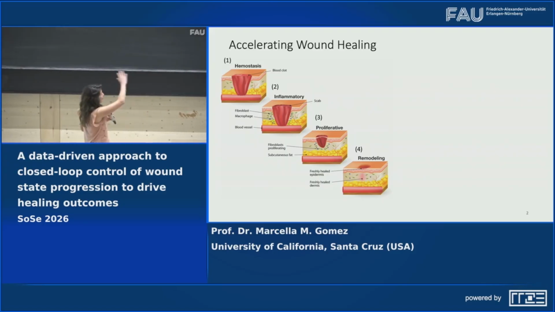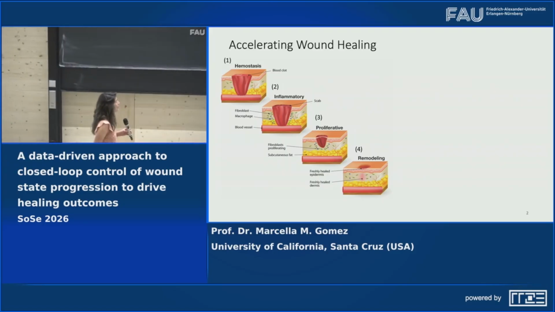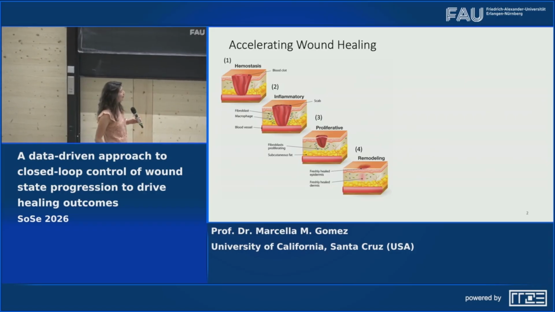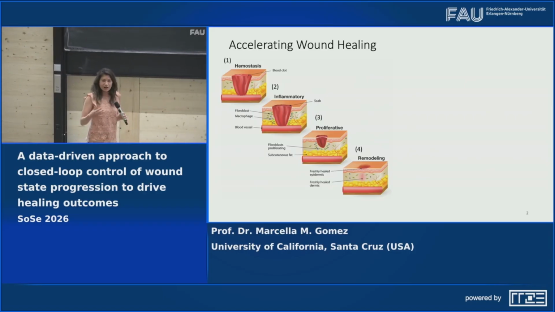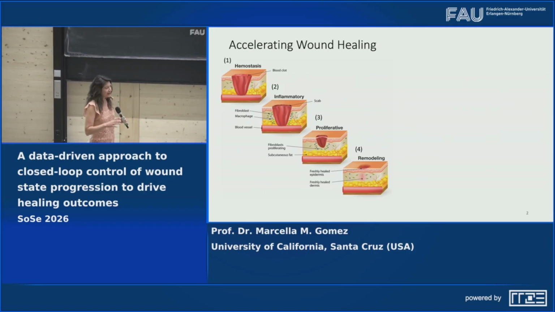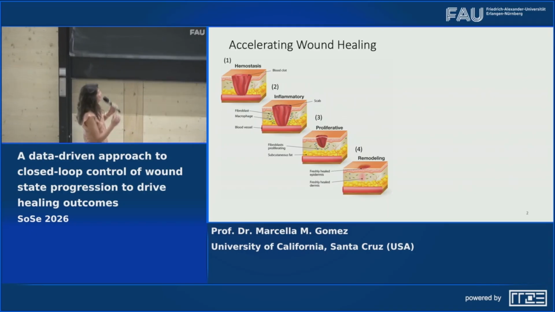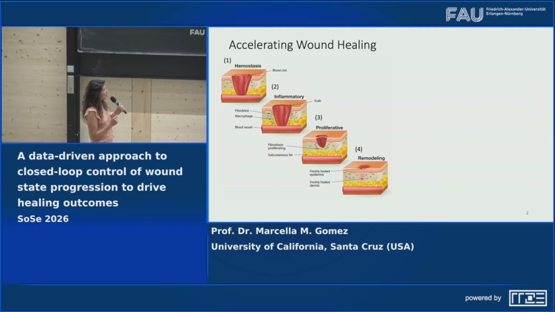So the 4 are clearly laid out there: 1, 2, 3, 4. Hemostasis, and that's when you have the blood clotting. That's more of a fast thing because it's more mechanical, I should say, in the process. Then inflammation is actually the part that prevents infection, right?